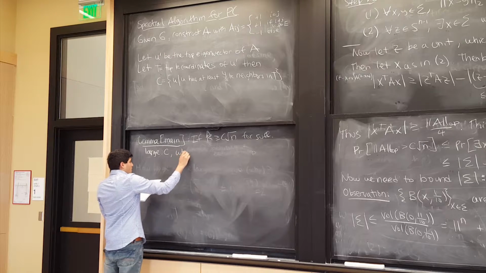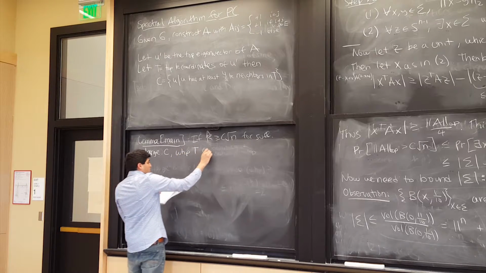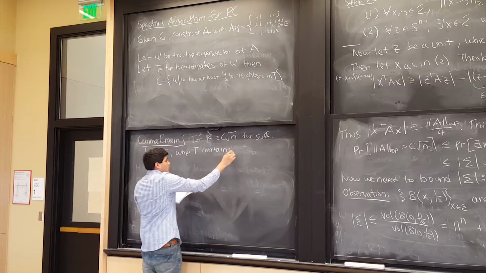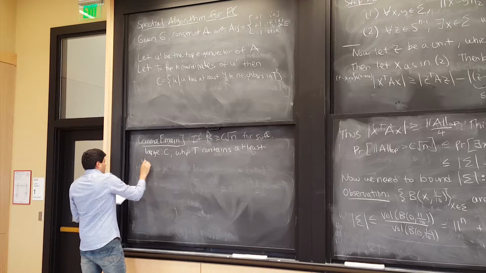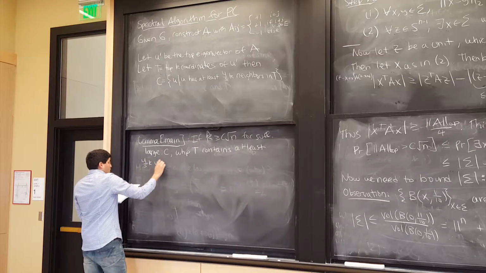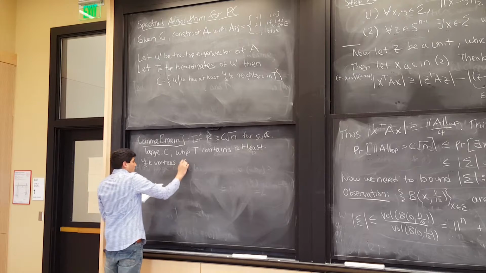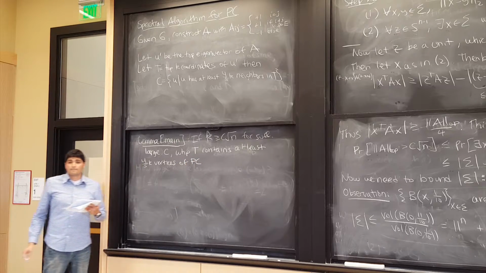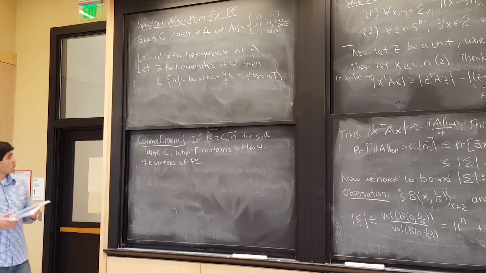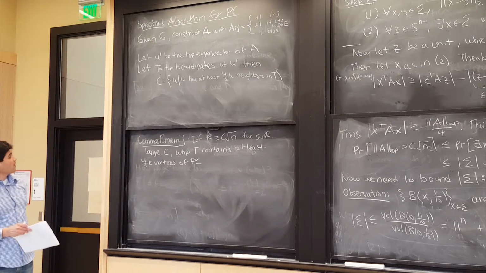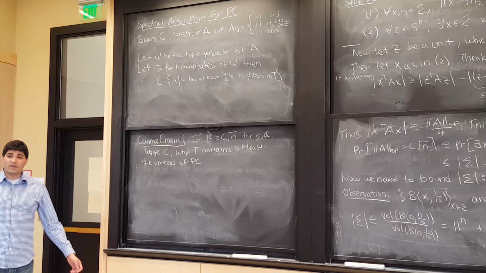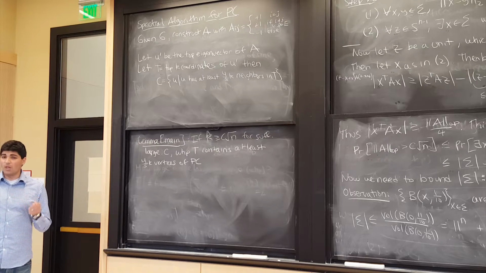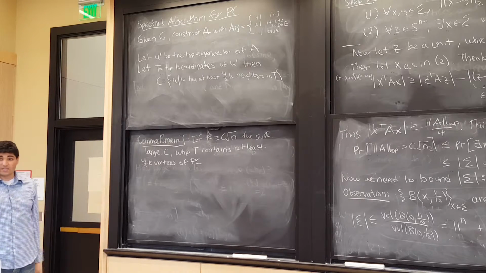What I claim is that with high probability, P contains at least 4/5 K vertices of the planted clique. So what this means is that when we do the final step, when we set C to be all of the U's which have at least 4/5 times K neighbors into the set P, this lemma implies that we certainly find all the nodes that belong to the planted clique. That's immediate from this lemma.